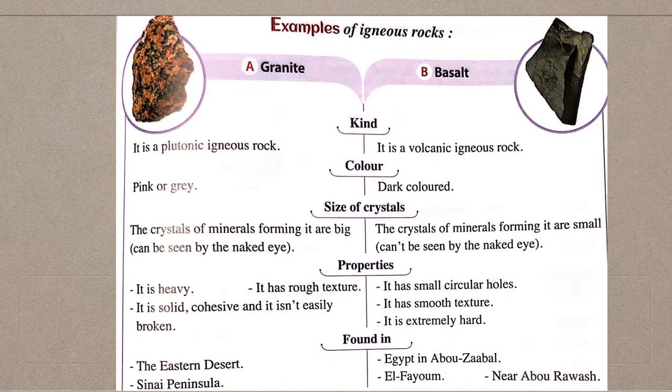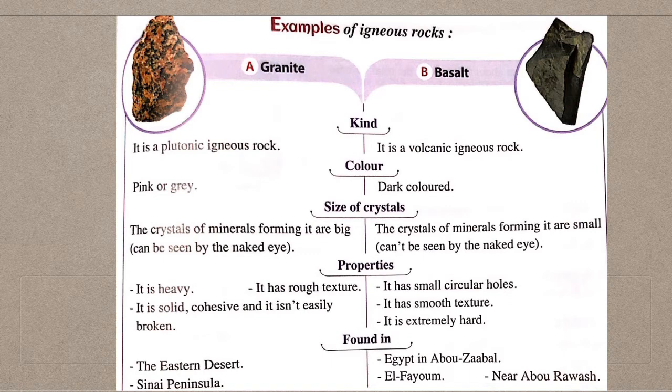Granite is heavy, it has a rough texture, and it is solid, cohesive, and not easily broken. It is found in the Eastern Desert and Sinai Peninsula. It consists of three main minerals: quartz, feldspar, and mica.